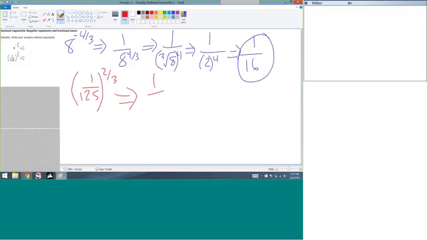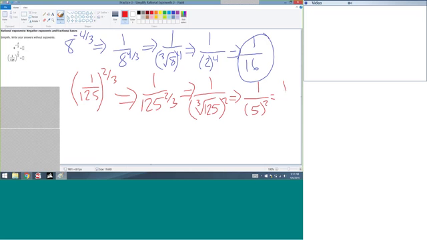Now the bottom is 125, so we would have to work that out. So instead of 125 to the 2/3, we can rewrite that power over root. So we have the cube root of 125, all of that raised to the 2nd power. So the third root of 125 is going to be 5. And then if we square that, we get 1 over 25.